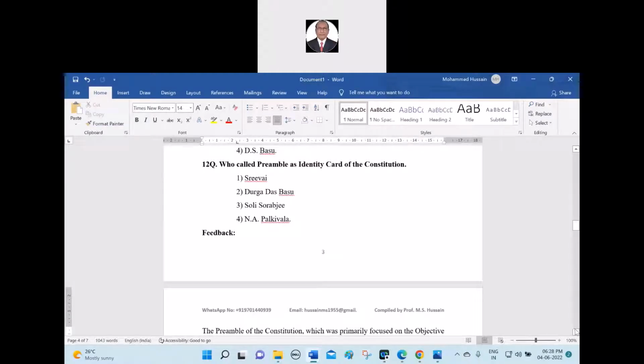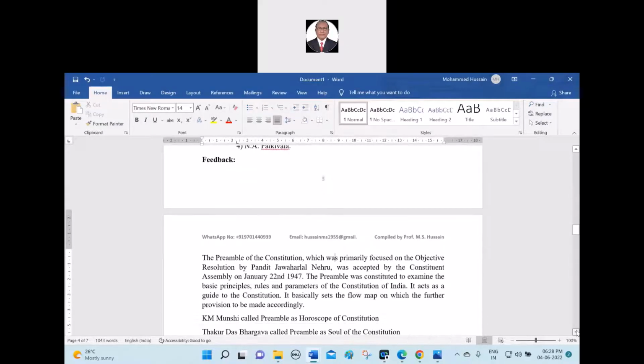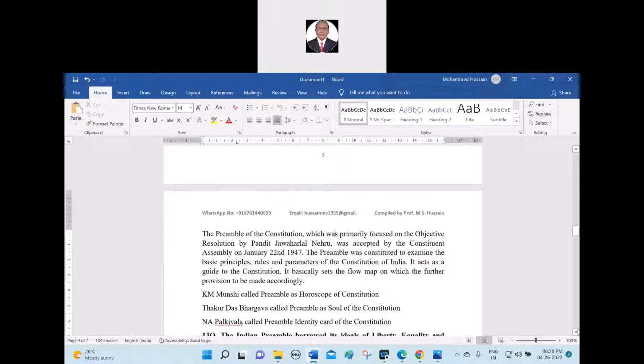And the feedback I am giving. The preamble of the Constitution was primarily based on the Objective Resolution by Pandit Jawaharlal Nehru, which was accepted by the Constituent Assembly on January 22nd, 1947. The preamble was constituted to examine the basic principles, rules, and parameters of the Constitution of India. It acts as a guide to the Constitution.